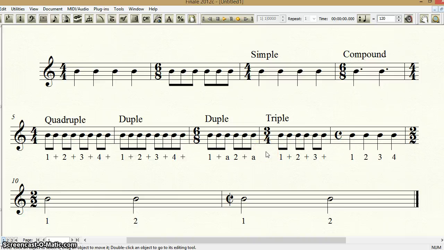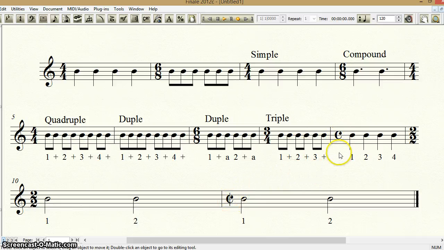They're used a little bit interchangeably, but if the entire piece feels like it has 2 beats but 6 notes across it, you're in 6/8, and if it sounds like it has 6 eighth notes but 3 main beats, then you're in 3/4.